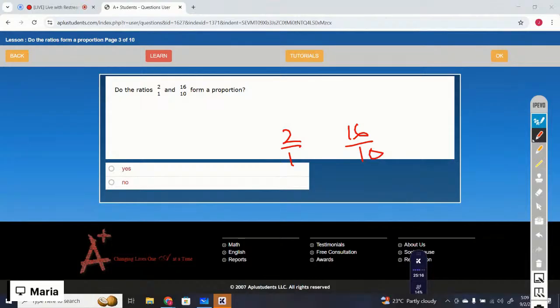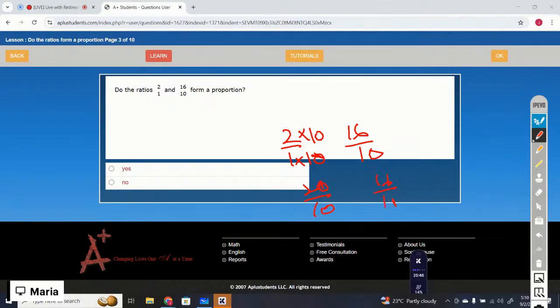Let's make the denominators the same: 1 times 10 and 2 times 10. 2 times 10 is 20.